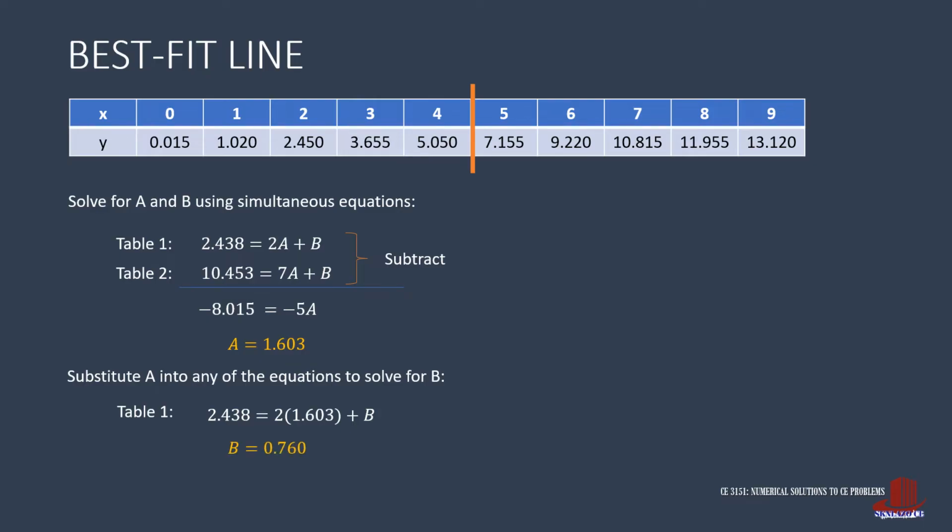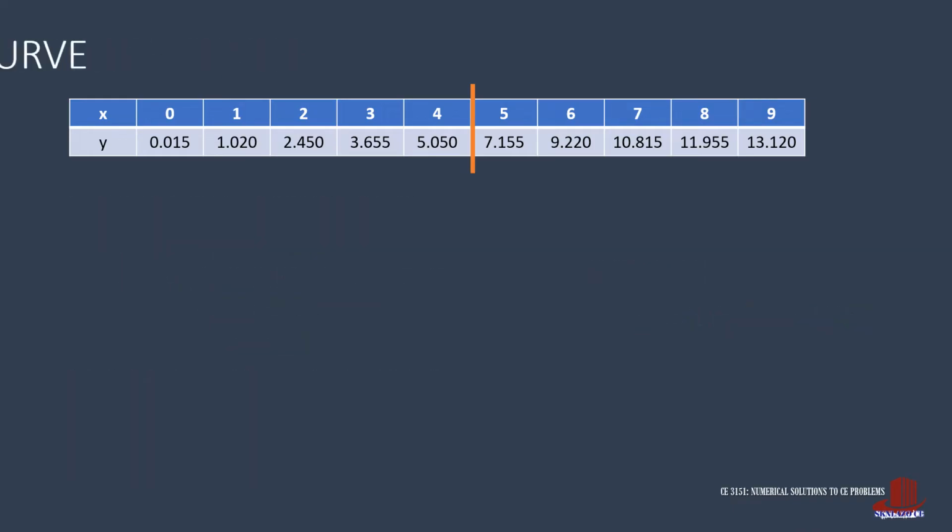This becomes 2.438 equals twice of 1.603 plus b, giving b as 0.76. With a and b already known, we finally have the function for the best fit line of the dataset as y equals 1.603x plus 0.76.